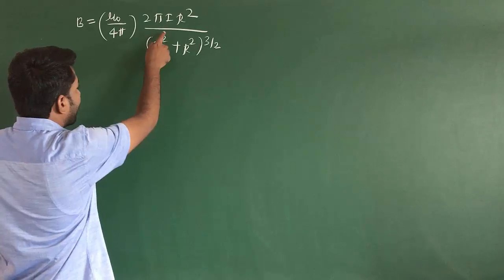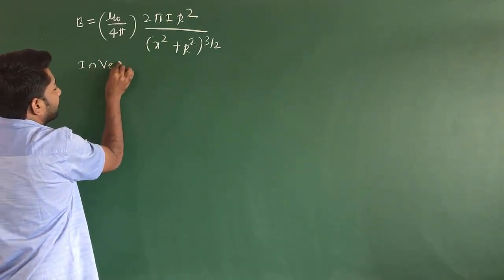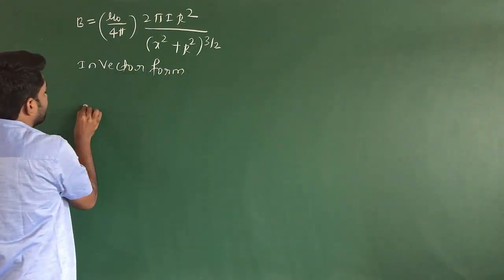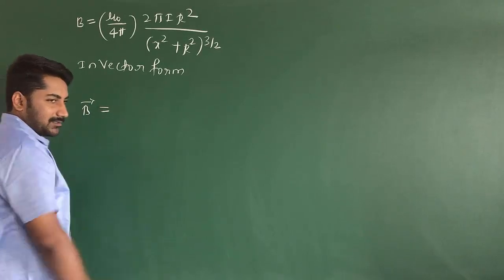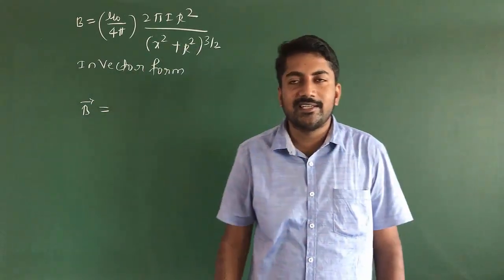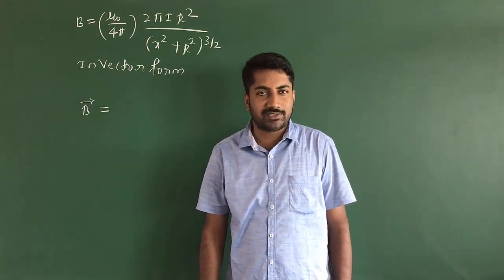Or in vector form we can write this equation, that is vector B, the magnetic field. It is a vector quantity. The SI unit of magnetic field is Tesla and the CGS unit is Gauss.